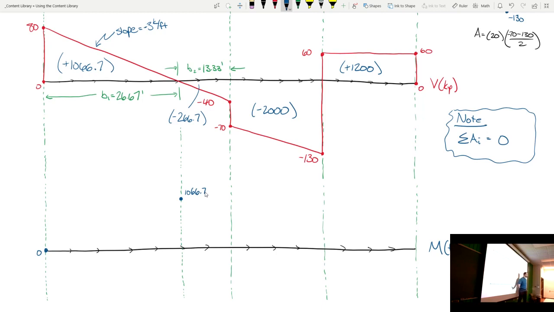I want to see if everybody's paying attention. Say it again. That's exactly right, because if I'm at 1066.67 and I drop down by 266.67, I'm at 800. 100% right.